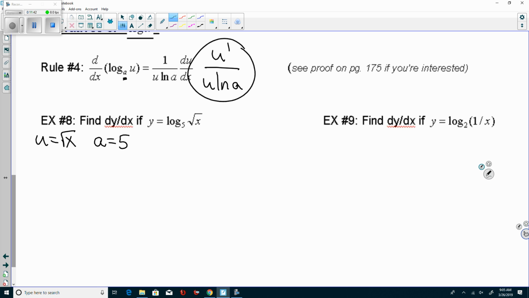You do not need an a prime. What will my u prime be? If you need to do it on the side, that's fine. We would rewrite this as x to the 1/2. Therefore, you have 1/2 x to the negative 1/2, or 1 over 2 root x.